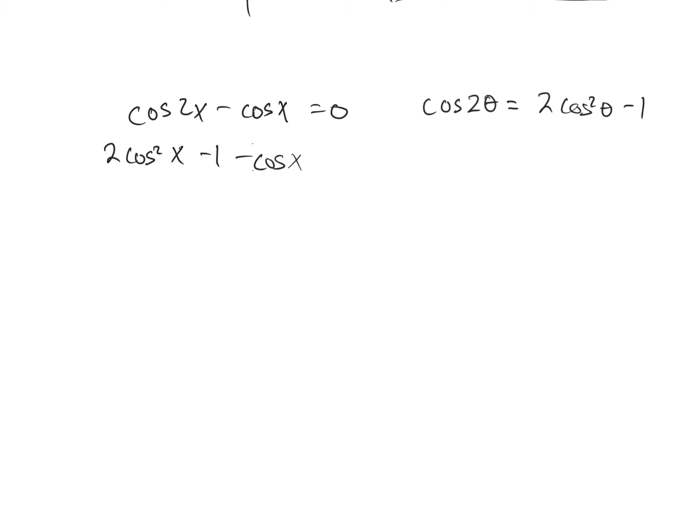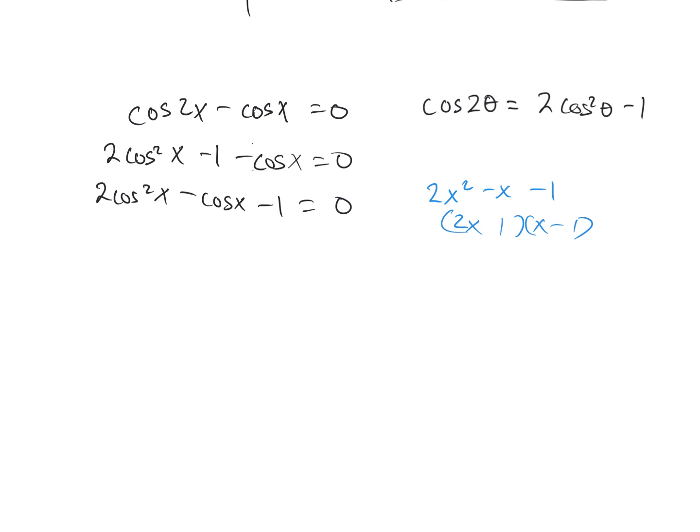So I'm going to rewrite this just to make my life easier: 2 cosine squared of x minus cosine of x minus 1. And now I'm going to factor. Don't think of this as cosine. Think of this as 2x squared minus x minus 1. If I were to factor this quickly, this would be 2x and x, 1 and 1, minus 1 plus 1.